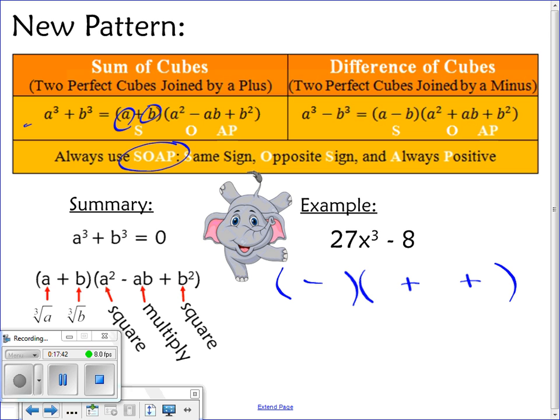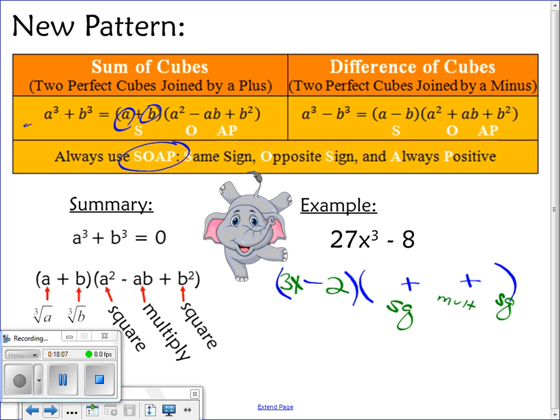What's the cubed root of 27x cubed? 3x. Don't forget your x. Cubed root of 8. Questions there? Just like difference of squares, we always took the square root of our numbers. These are difference of cubes. We're going to take the cubed root of our numbers. But then we have to fill in this. It's always square, multiply, square.